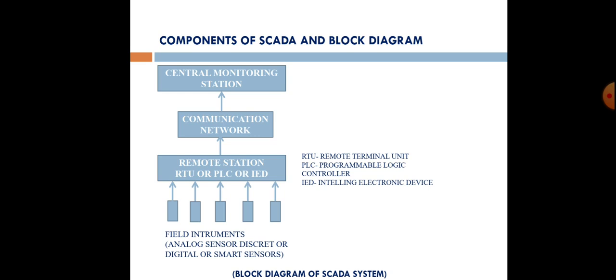Now, fourth and last component of SCADA is field instrumentation. Field instrumentation includes the instruments connected with the equipment or machine to be controlled. These are sensors necessary for monitoring some parameters, or actuators to control some modules of the system.